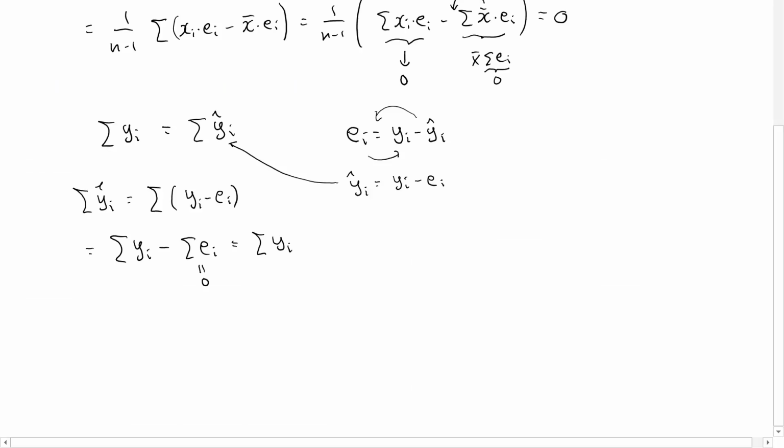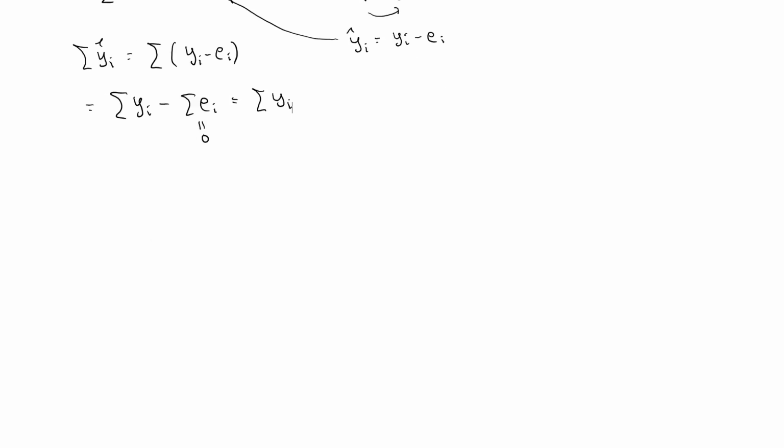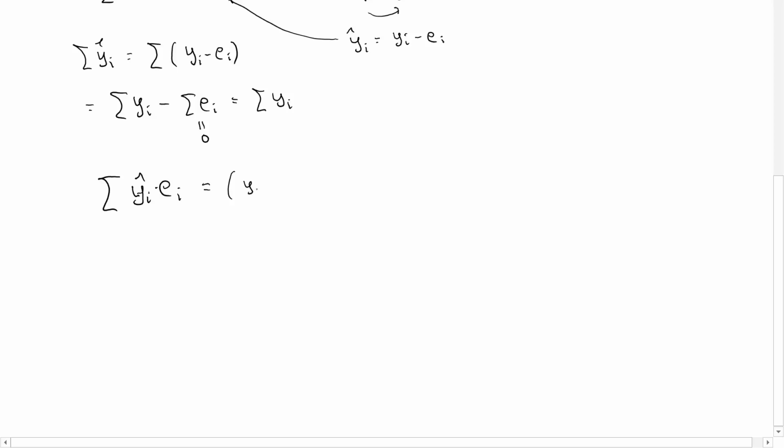So let's try to understand why this is 0. Summation yi hat times ei. We know that yi hat is b1 plus b2 xi. We can use that and replace yi hat with this.